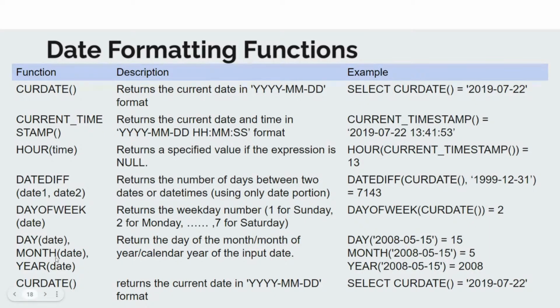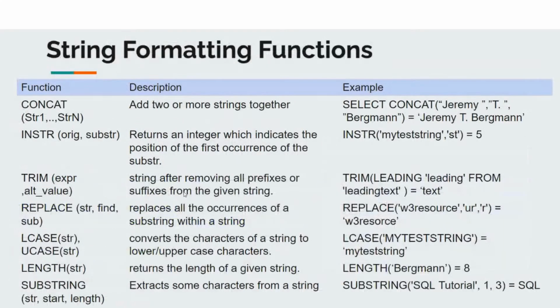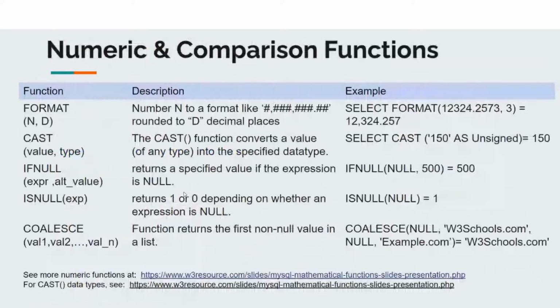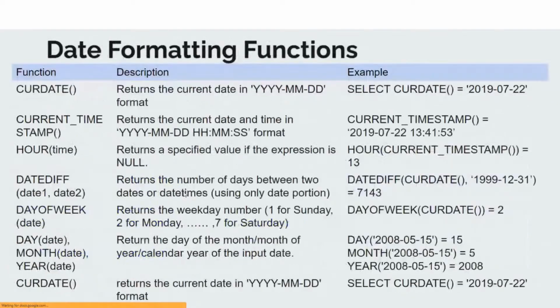Day, month, year, kind of an extension of day of the week. All those functions will return those as integers. And then the current date, that's the same one as right above. But I feel like there are even a few more date functions in that, all sorts of functions. But these are all really useful ones that I use a lot.